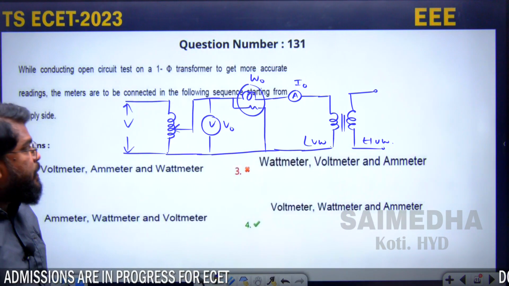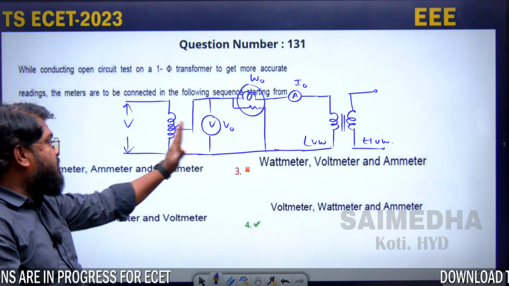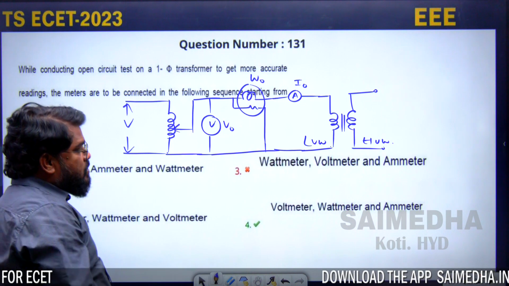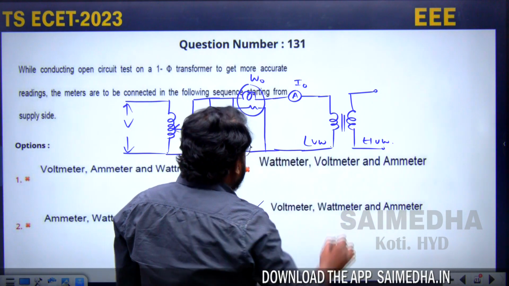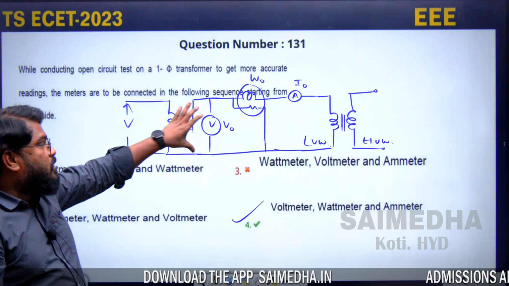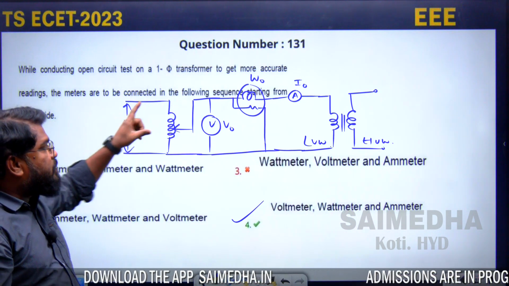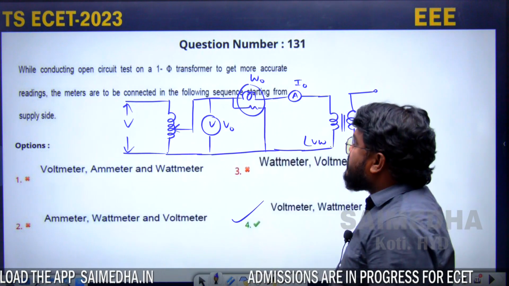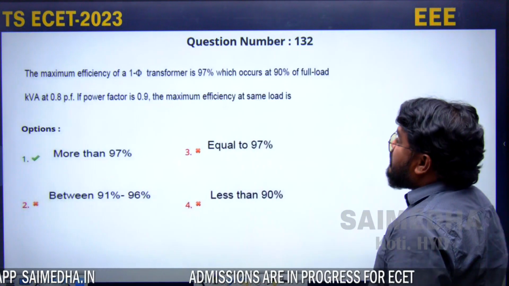So in case of open circuit test, this is the sequence from the supply side: voltmeter, wattmeter and ammeter. So option 4 is the correct answer for this question. Exactly, to get accurate readings, we have to connect the voltmeter across the supply, then after that the wattmeter and the ammeter. Clear?